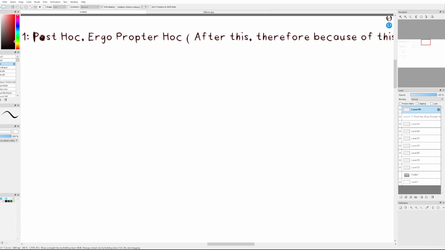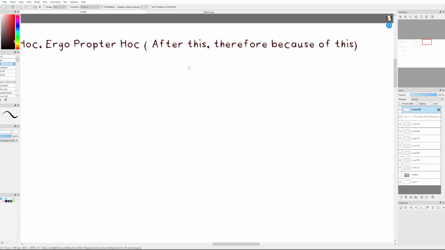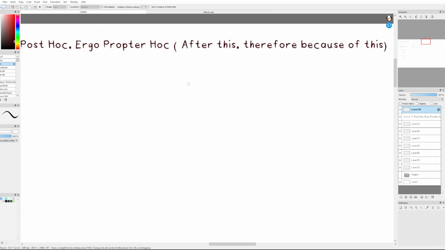You just got gum. You didn't steal money. He assumed you stole money because after you did something, there was a consequence. And it doesn't mean that you necessarily caused it.